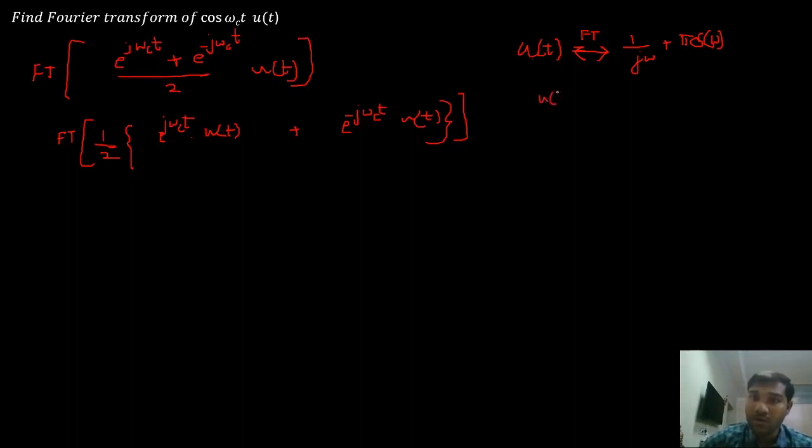It's going to be u of t e power j omega naught t, as the Fourier transform 1 by j, in place of omega I have omega minus omega naught, plus pi into delta of omega minus omega naught.